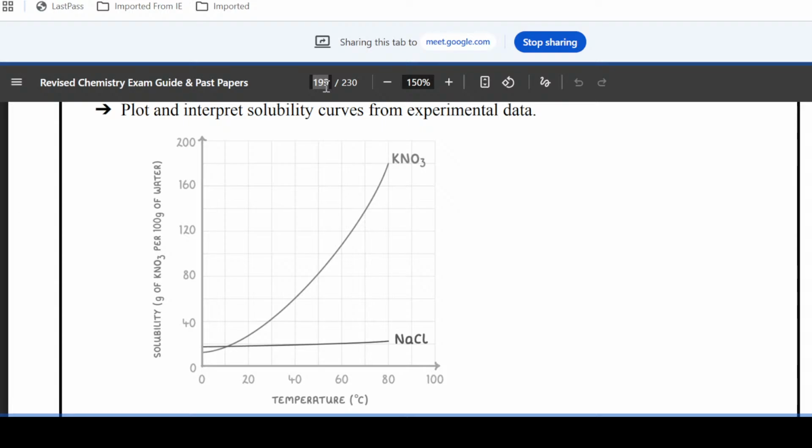So it's between 40 and 60. So alright, how much will be precipitated? If at 35 it's 50, how much of the potassium nitrate will be precipitated if you cool it down from 65 to 35 degrees?